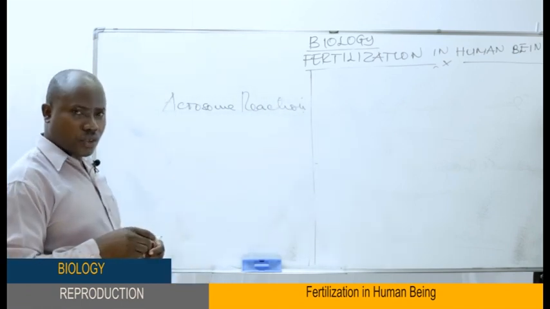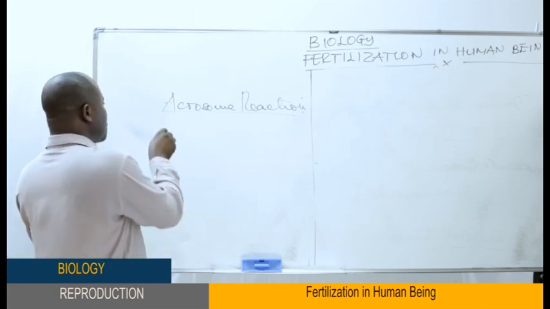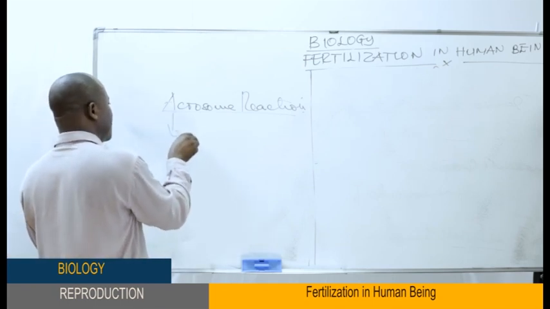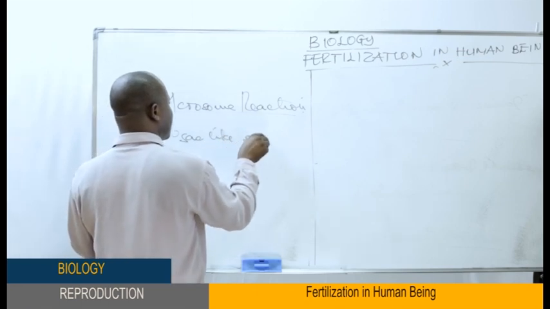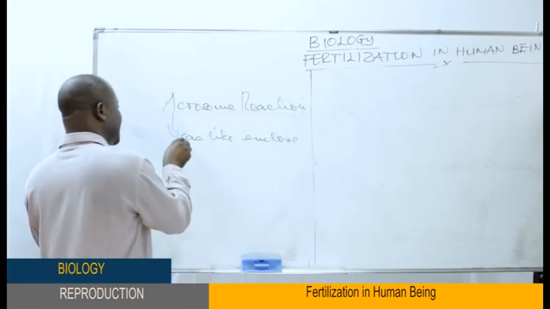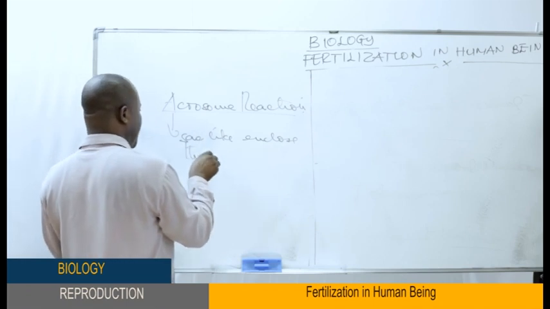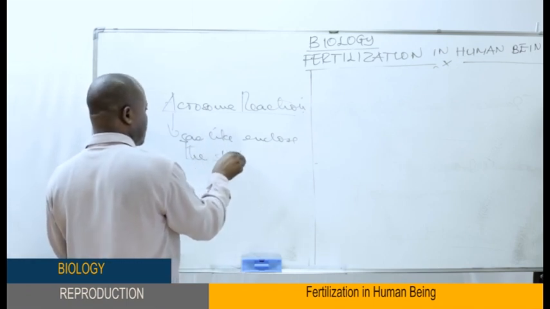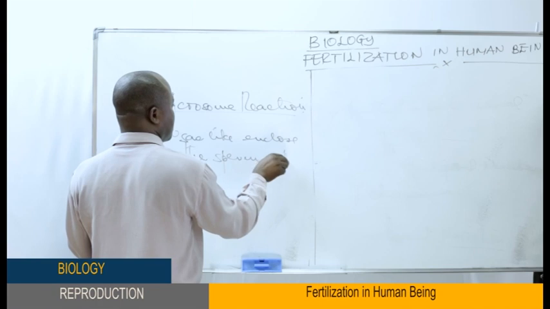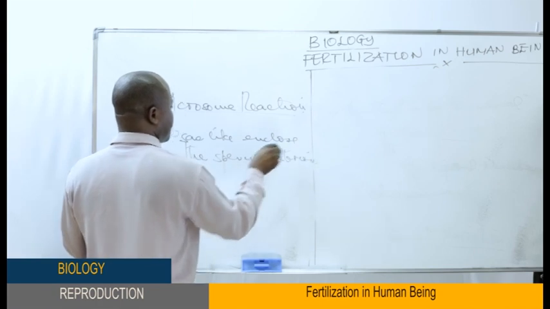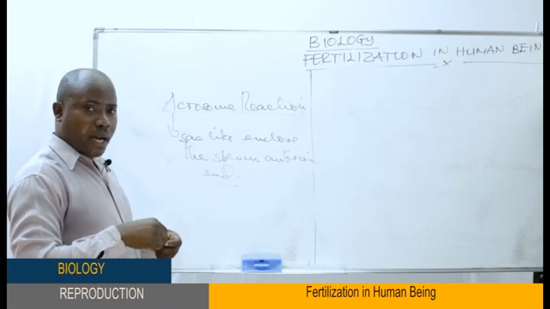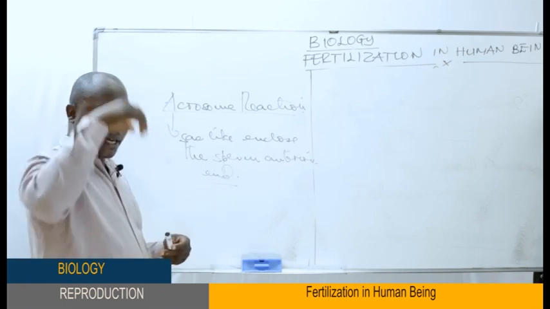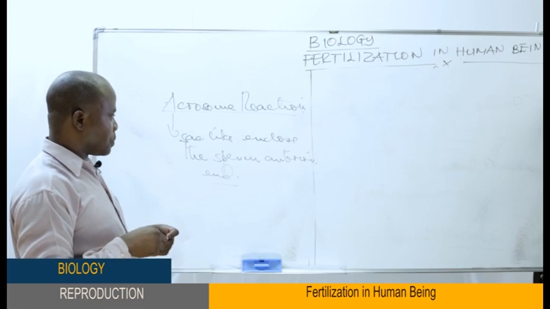What is the acrosome? The acrosome is a sac-like structure that encloses the anterior end of the sperm. At the sperm head, there is a cape-like structure, that is the acrosome.